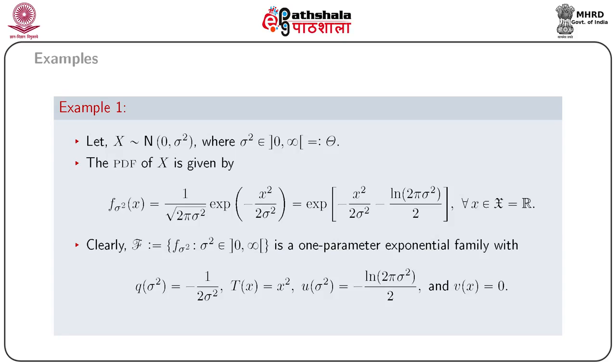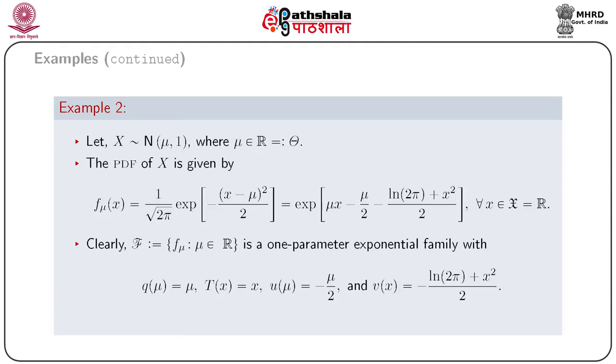This is a one parameter exponential family with q(sigma square) equals minus 1 by 2 sigma square, T(x) equals x square, u(sigma square) equals minus log(2 pi sigma square) divided by 2, and v(x) equals 0.